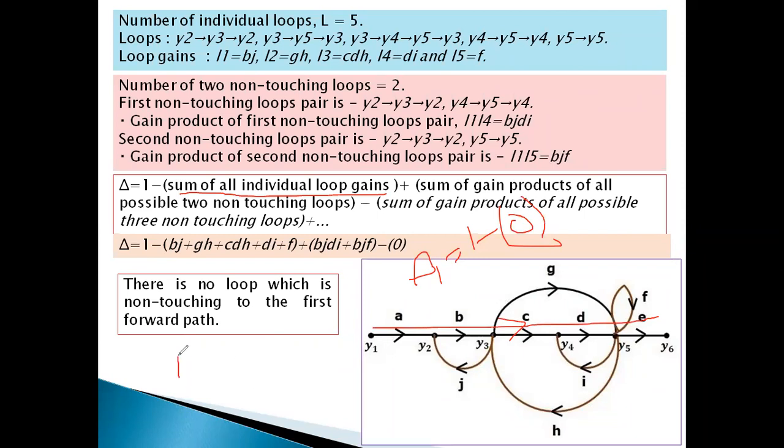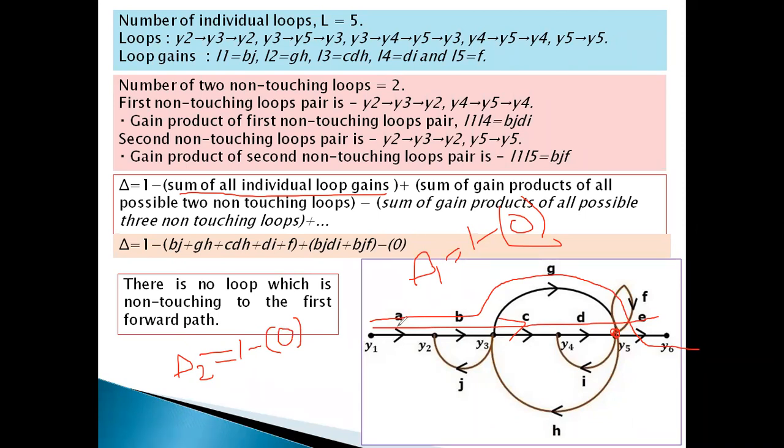Okay. Similarly, the determinant of the second forward path. The second forward path is this one. Again, if we observe, L1 is in contact, L2 is in contact at this point, L3 is also in contact at this point, L4 is also in contact with this one, and L5 is also in contact with this forward path. That's why delta 2 again becomes 1.